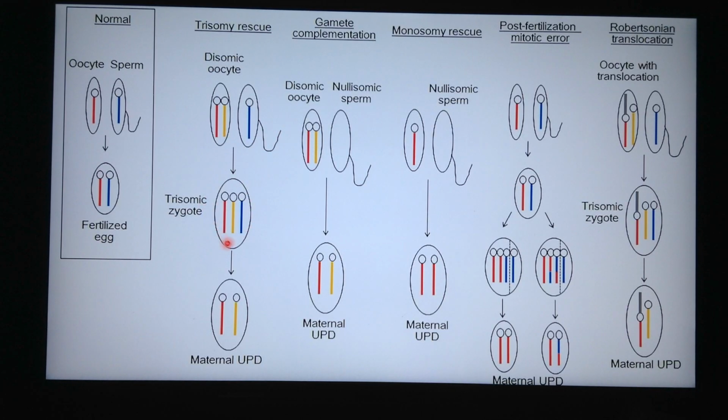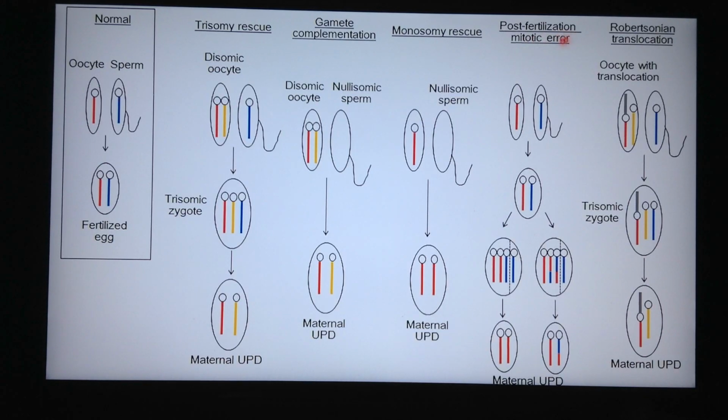In the majority of cases, one of the extra copies can be lost, but if the copy from the male parent is lost, then it will result in maternal UPD. Or if the disomic oocyte fertilizes a nullisomic sperm, it will also result in maternal UPD. And in this case also, this is a nullisomic sperm, resulting in maternal UPD.